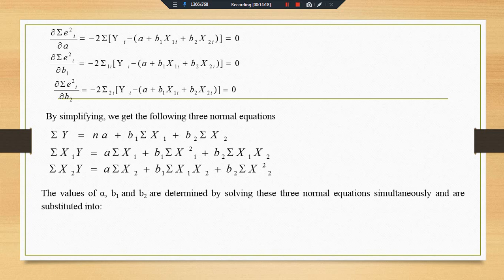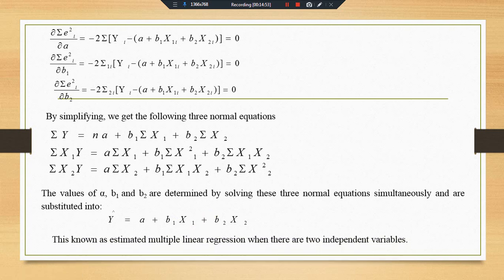The values of a or alpha, b1 and b2 are determined by solving these three normal equations simultaneously. With the help of simultaneous equations you get the values of a, b1 and b2, and when you put these values into the equation, it becomes the estimated equation y hat equals a plus b1 x1 plus b2 x2.